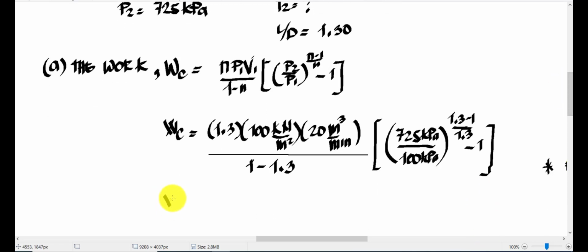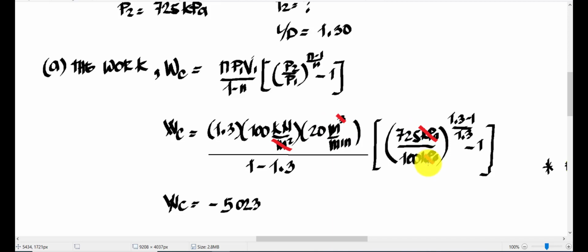Let's use our calculator so we can solve the values here. We have the value of negative 5,023. So we have the unit here, and we're going to cancel out our units. This one and this one will be cancelled out, and this one will also be cancelled out.